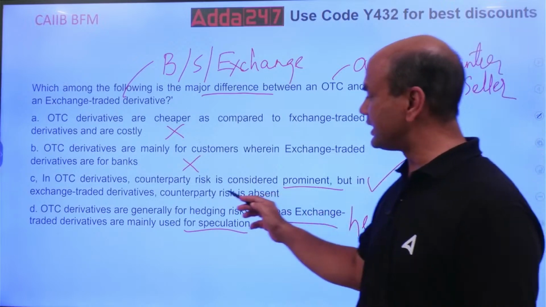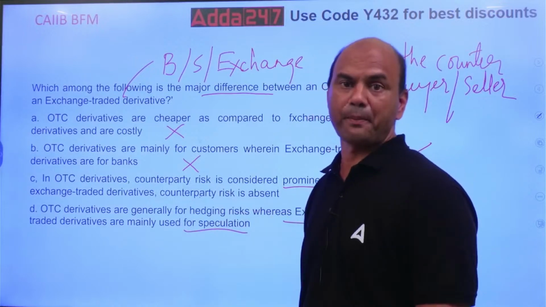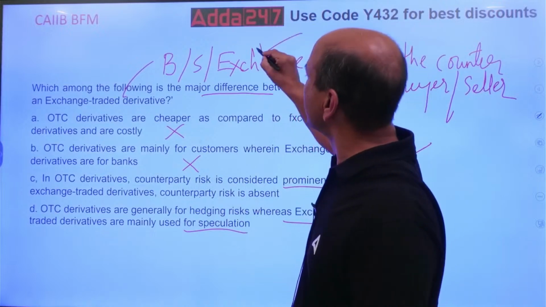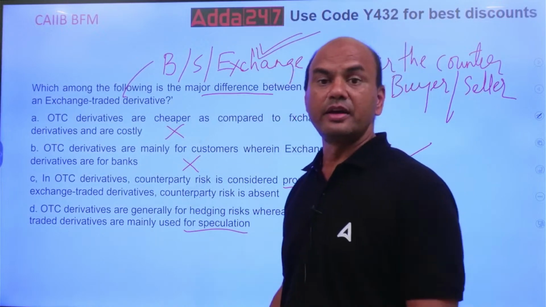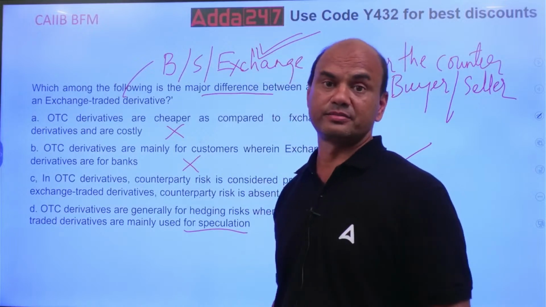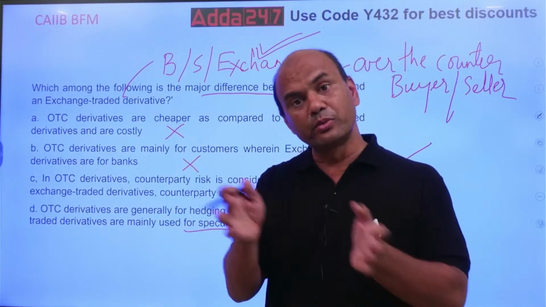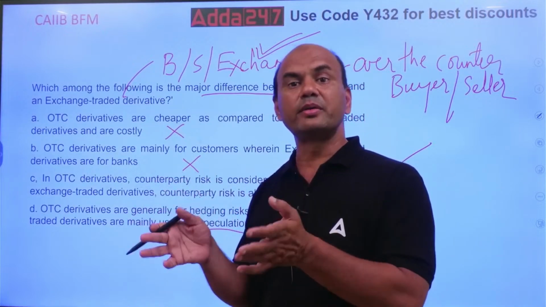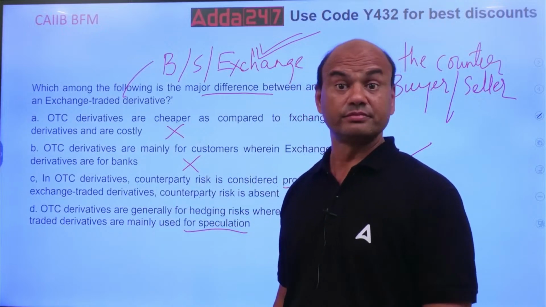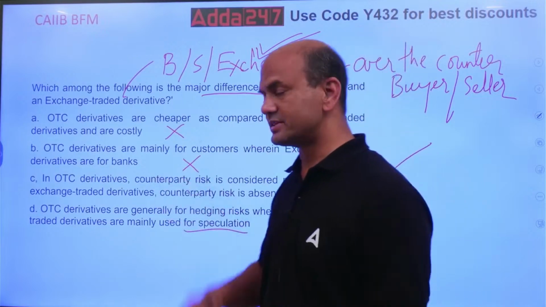But in ETC products, the counterparty risk is completely absent. Why? Because there is an exchange over here. The exchange will take over the risk of buyer and seller. It will create a pool of money, and a pool of investment bonds also, so that no one defaults. Very important one. Okay, got it? So C is the answer.